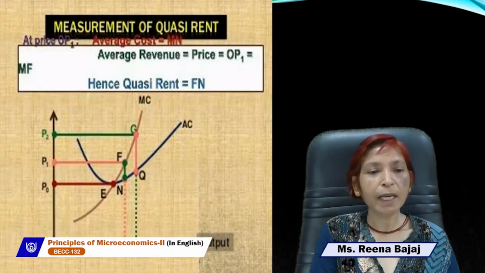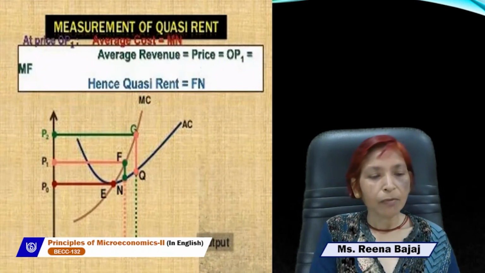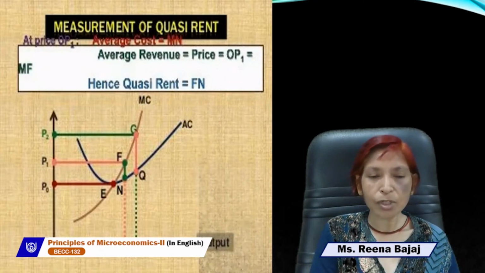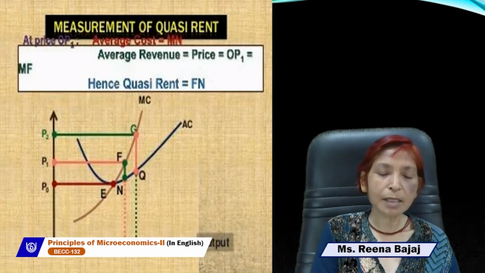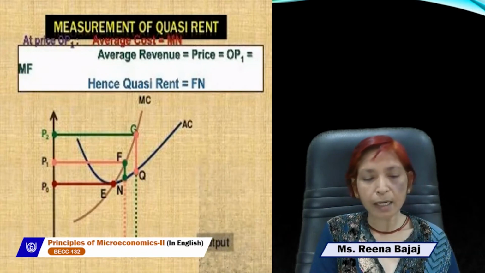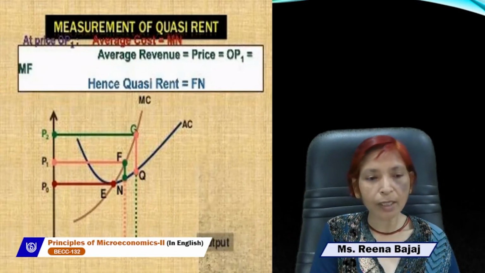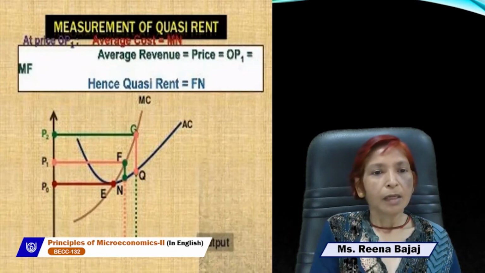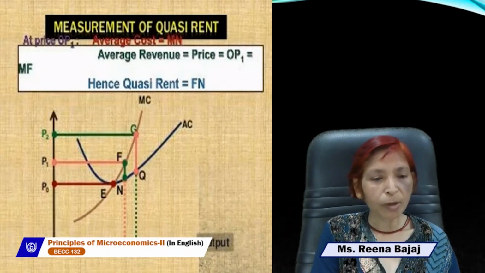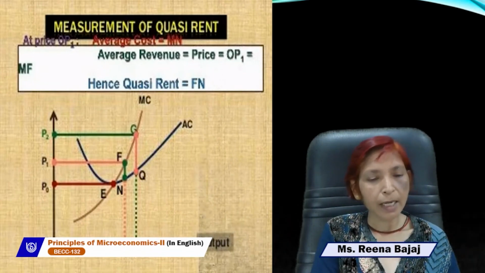How can we determine quasi-rent? First of all, we draw the average cost curve, which is always a U-shaped curve. MC is also a U-shaped curve, and MC always cuts AC at its lowest point. If we assume that AR and MR remain constant, as a horizontal line, here average revenue equals price, which equals OP1.